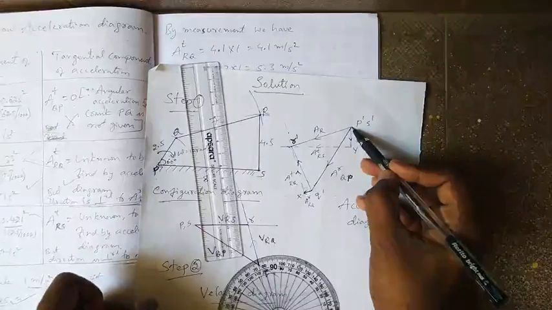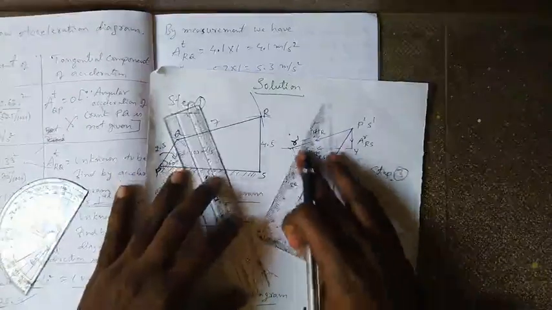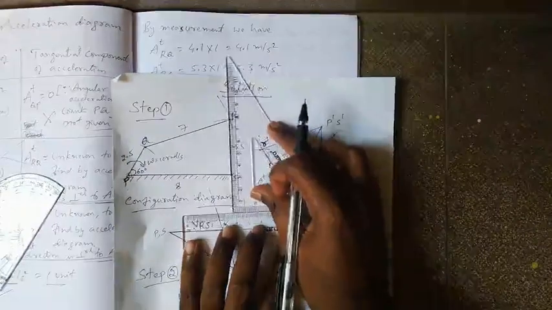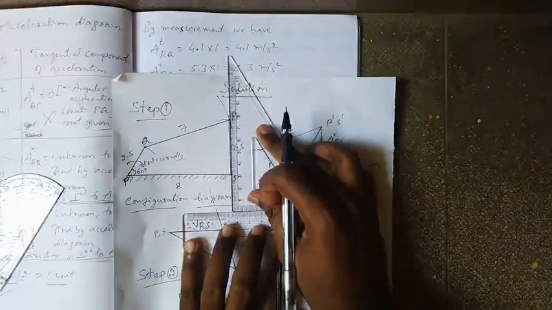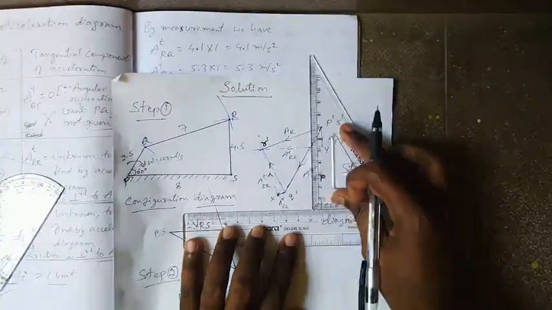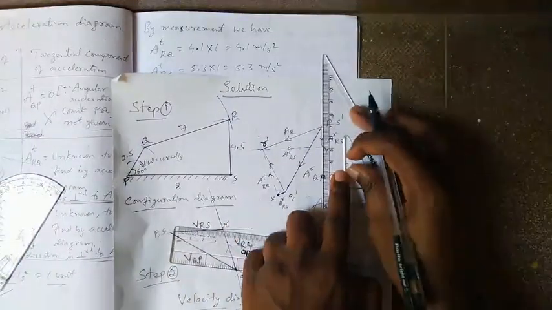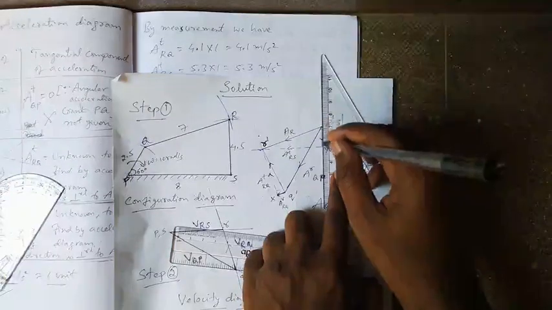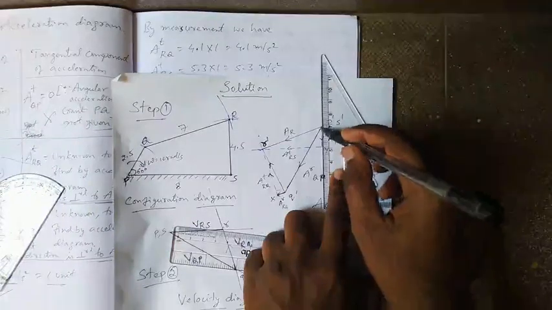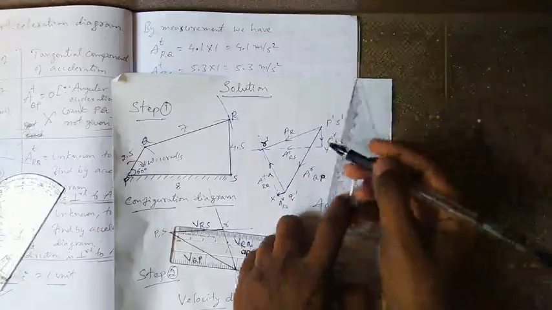This is the common point P and S. So parallel to this RS line, draw a line from point S. For this we know the magnitude, that is 1.61, so you draw a 1.6 centimeter line. Call that point Y.